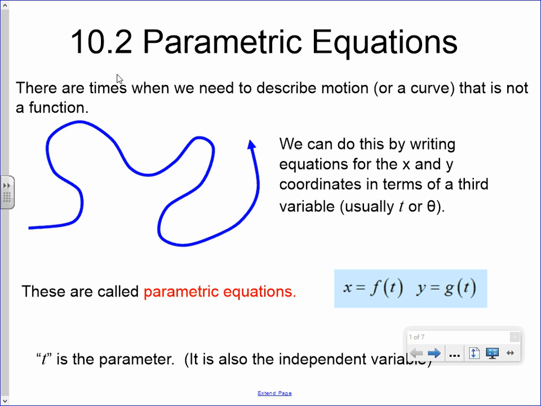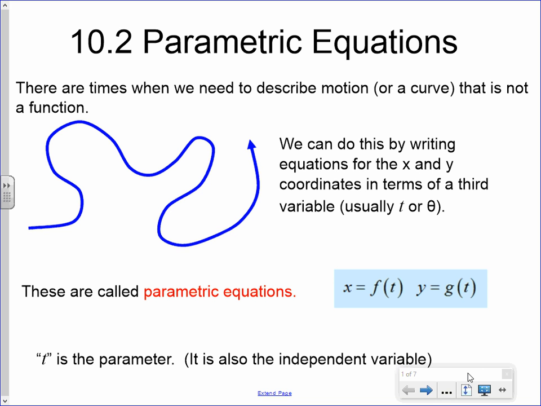Parametric equations. You remember these, hopefully, a little bit from pre-calculus. When we want to describe motion on a curve, it is best to use parametric equations. Basically, we have two equations. We have an x and a y equation, both in terms of a third variable t.